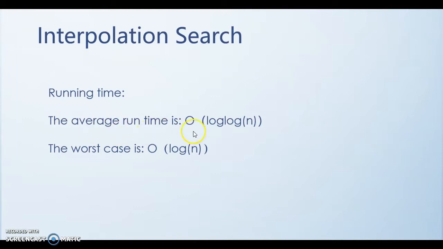The average runtime is big O of log log n. The worst case is O of n. As we know, this search is similar to binary search, and binary search is big O of log n. So why might this one be better than binary search?